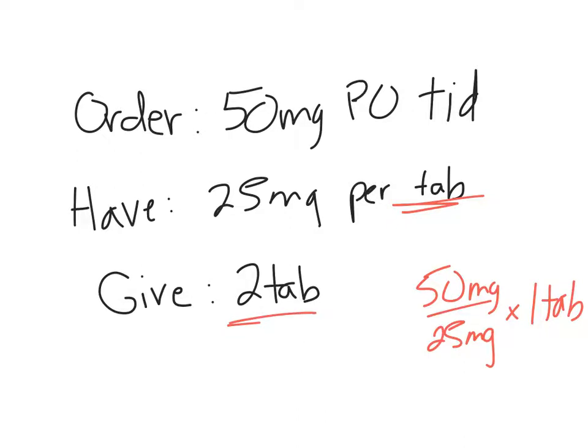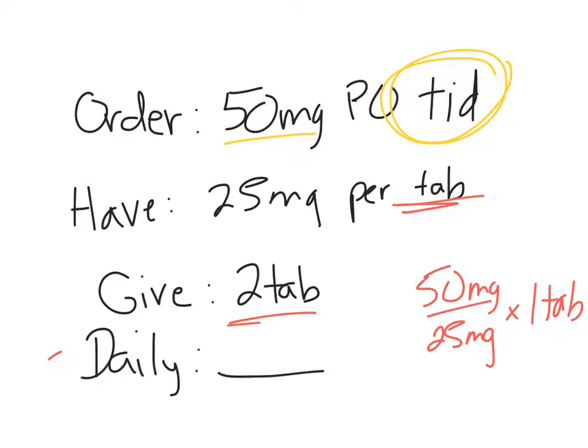But based on what we have here, it says that they need to take not just 50 milligrams, they need to take that 3 times a day. So second part to these questions, and you'll see this on today's quiz, and you saw it on last week's homework. If I asked you what they take daily, then that's going to be incorporating this abbreviation.